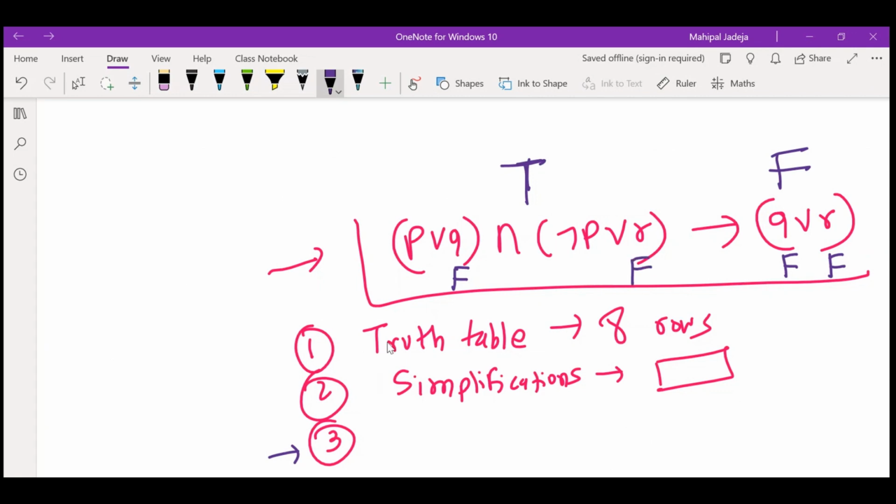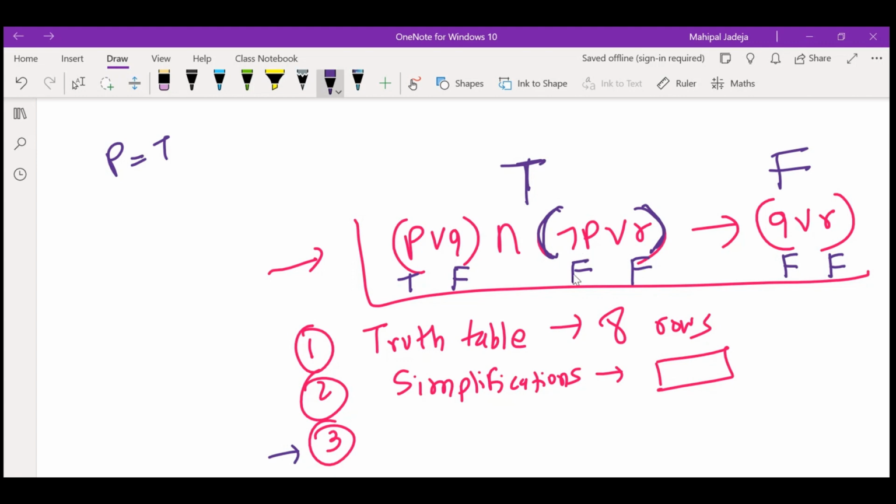Now I have just the last variable P remaining. So let me consider one case where the value of P is true. If I take the value of P true, then the value of negation P will become false. And now if I consider this second subcompound proposition, then it's false disjunction false.